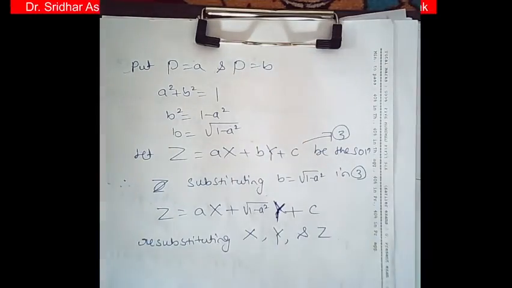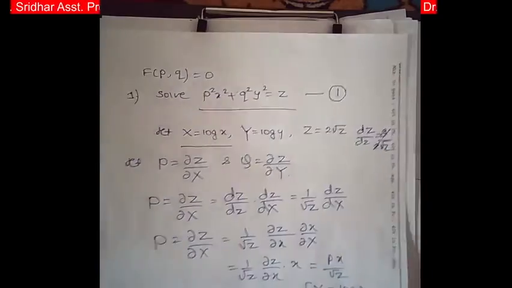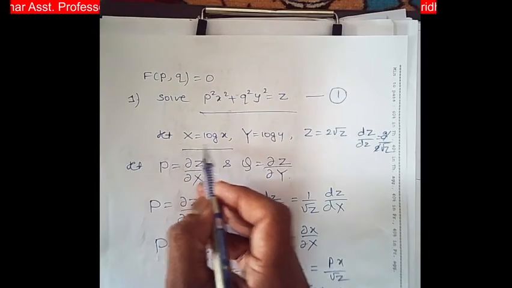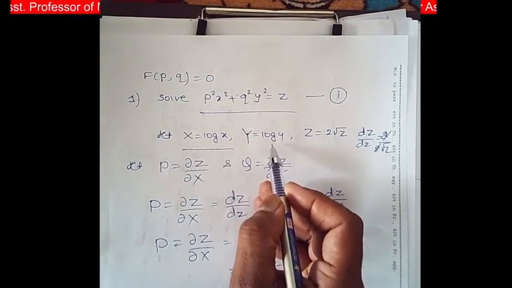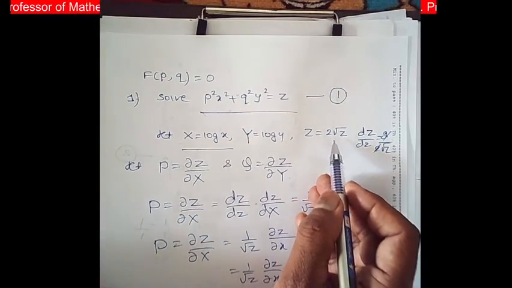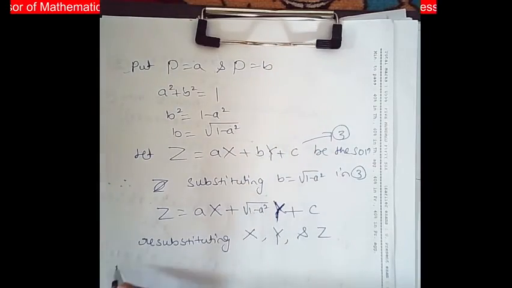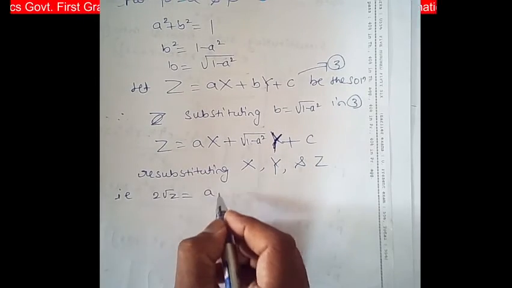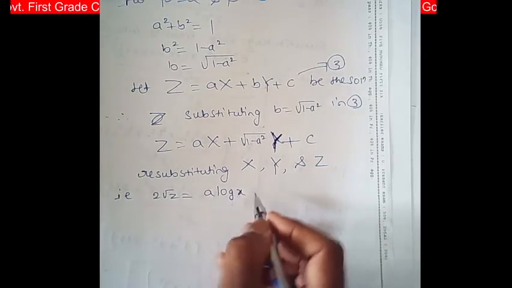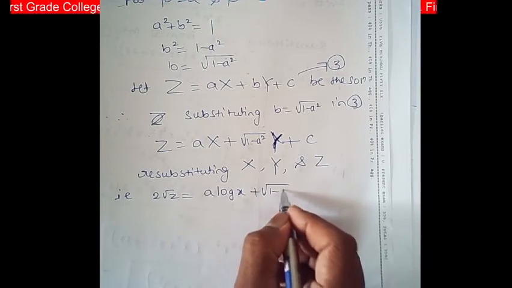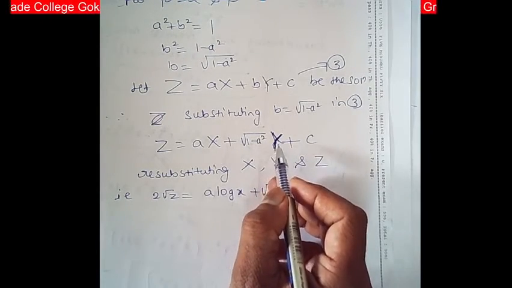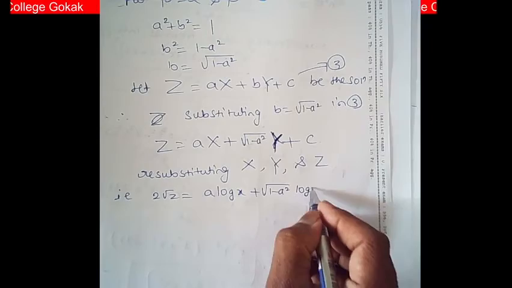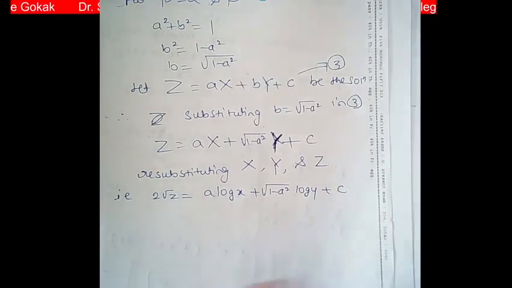For that we use again this relation: capital X is equal to log x, capital Y is equal to log y and capital Z is equal to 2 root z. So capital Z means 2 root small z, then a into capital X means log small x, square root of 1 minus a square, now capital Y means log small y, and this is c.